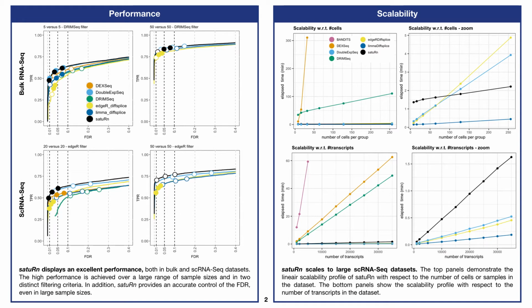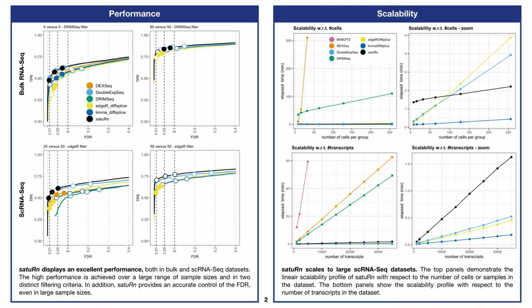respectively. These figures display FDR-TPR curves, meaning we have a measure for specificity on the x-axis and a measure for sensitivity on the y-axis. Here we clearly see that the performance of satuRn, which is shown in black, is on par with the performances of the best tools from the literature. The 3 circles on each curve represent working points when the FDR level is set at a nominal level of 1%, 5%, and 10%, respectively.